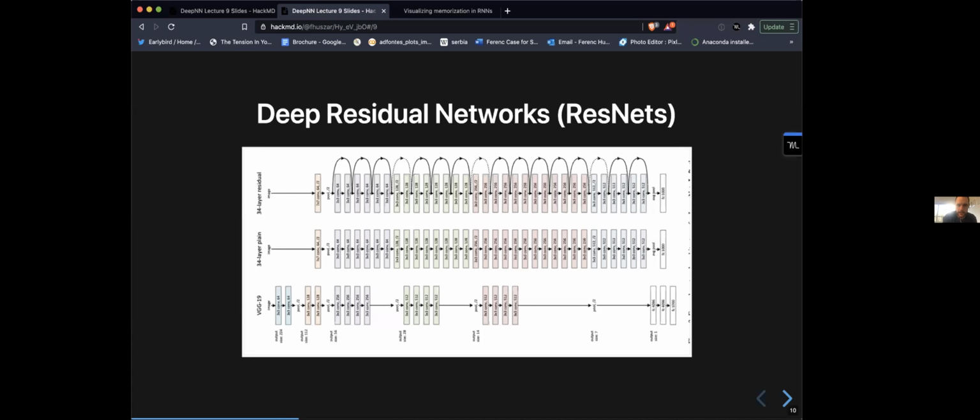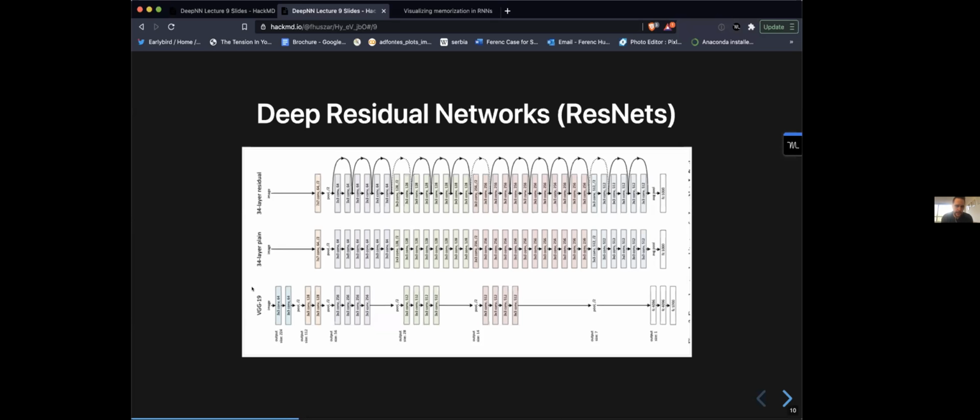So here are examples of very deep networks. I've rotated this figure because it's from a paper, so it made sense to put it vertically there. But when I put it on this slide, it's rather awkwardly shaped. At the bottom, you see the VGG19 network, which I talked about.